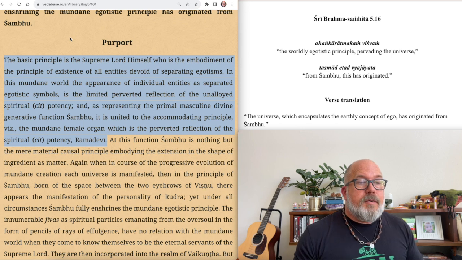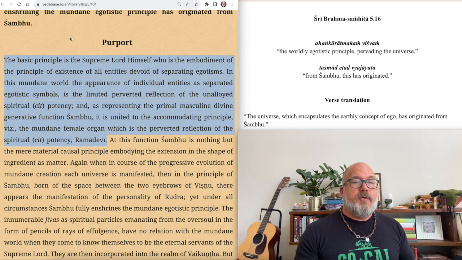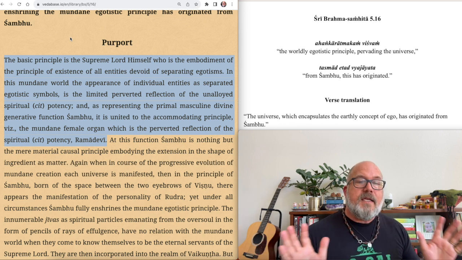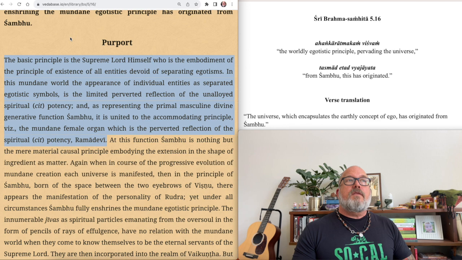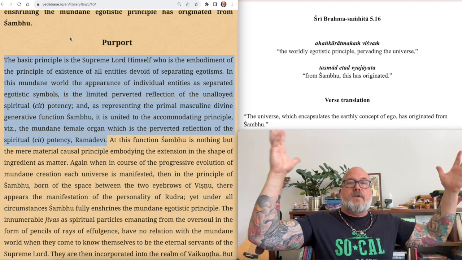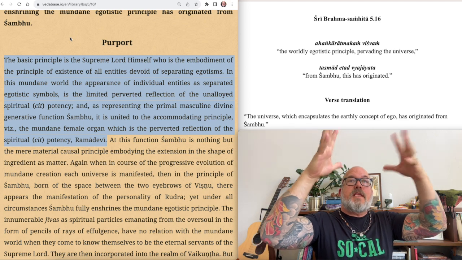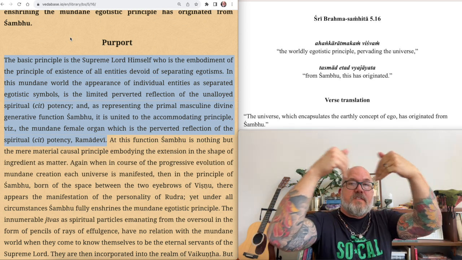The basic principle is the Supreme Lord himself, who is the embodiment of the principle of existence, of all entities devoid of separating egotism. So the essence or the source of everything is Krishna, and in that place there is no ego of separatism.